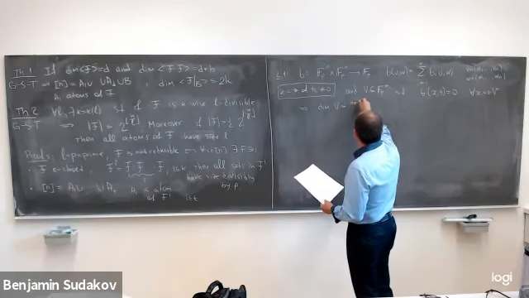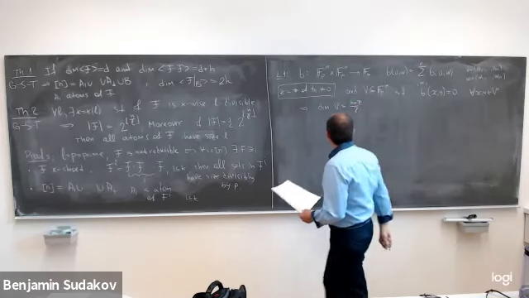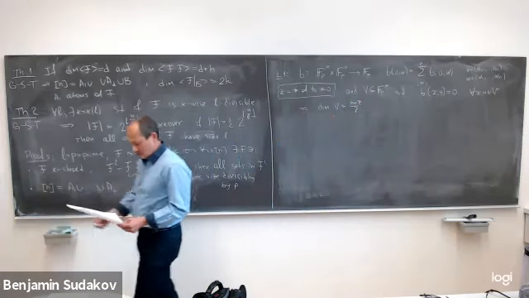Now I will have a correction. So the dimension would be at most (n + z) over 2.